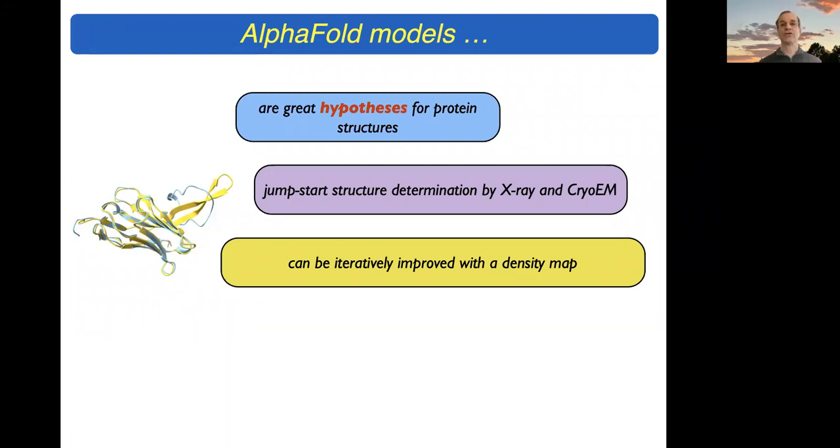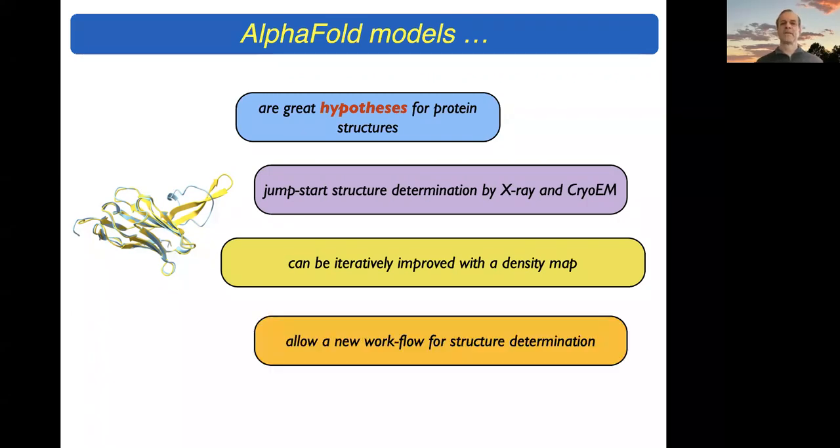And I'll show you how you can do that. And all of this allows a new workflow for structure determination by Cryo-EM and X-ray. And I'll give you an example of how you can do that. So let's go.